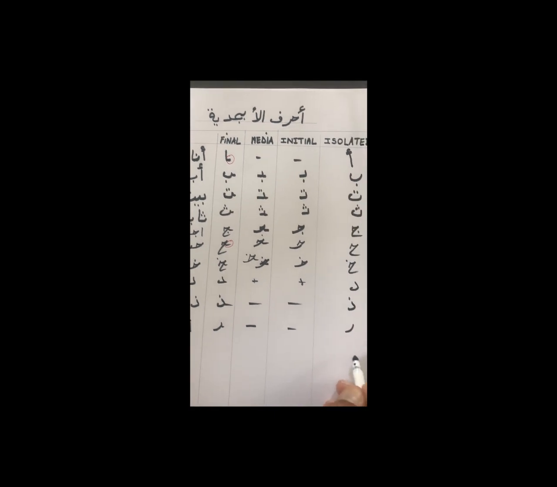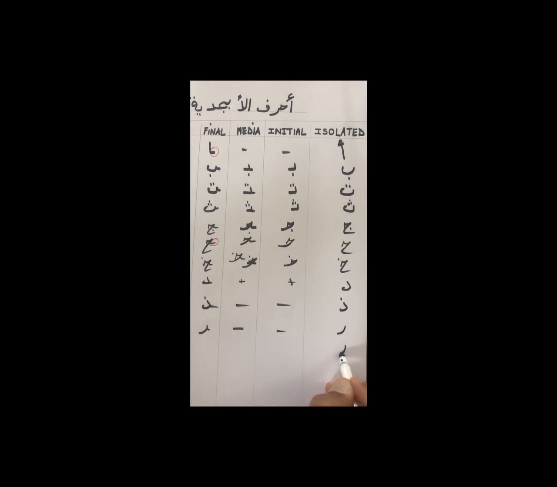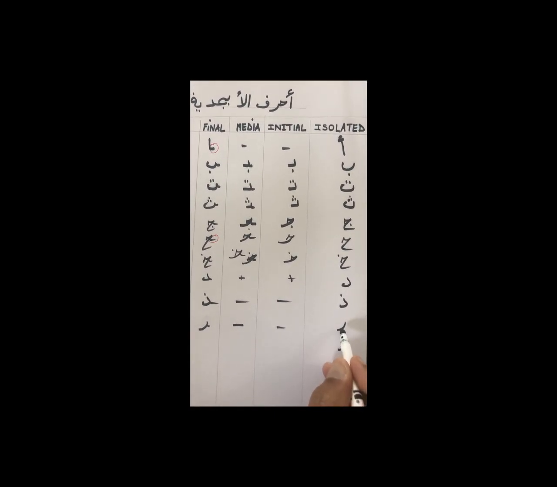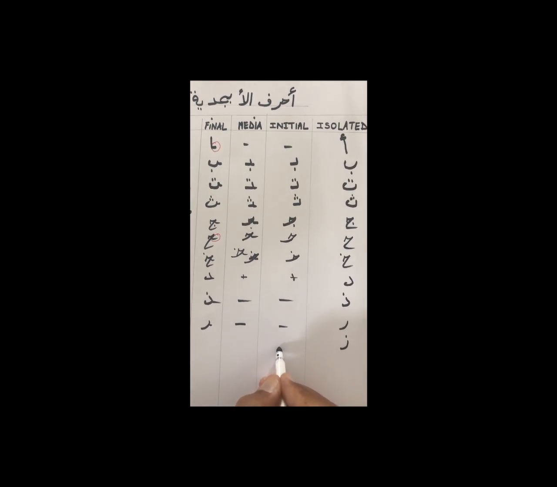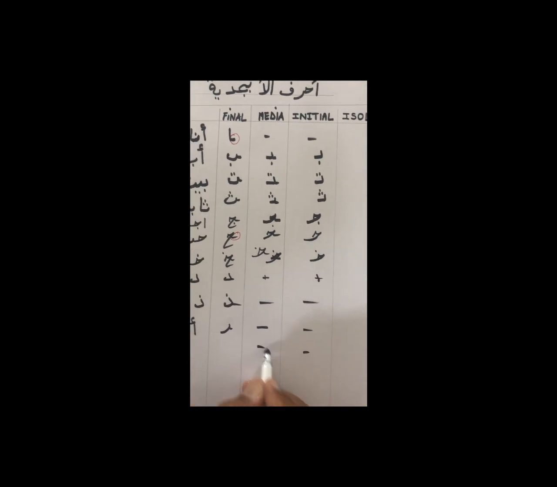The last letter for today will be Zain. Similar to the Re, it's Zain. Nothing in the middle, no initial, no medial, because it will be similar to the Re with a little bit of a line to connect it.